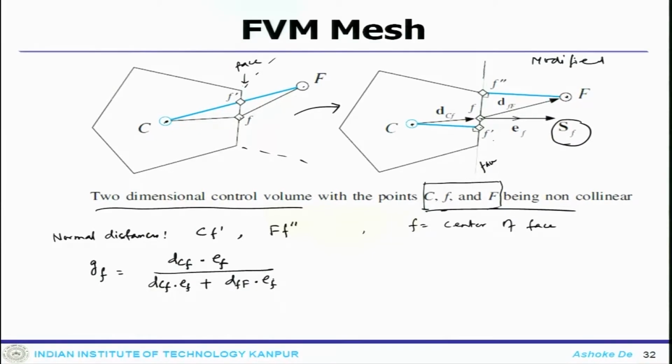That gives you a better interpolation compared to the simple linear interpolation. So this particular expression takes into account the normal distances and the dot product of the vectors.